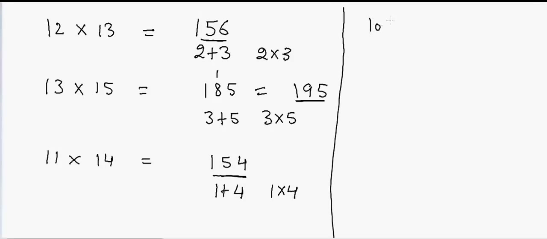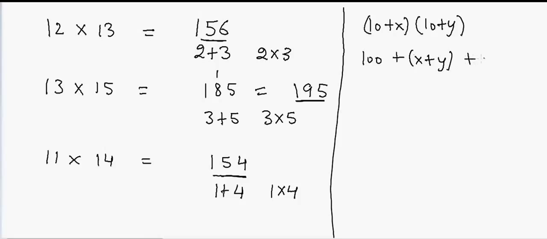If we have 10 plus x and then 10 plus y, so we are taking 10 as a base, and these numbers are close to 10. In that case, if we solve this, it will be equal to 100 plus 10x plus 10y plus xy. So it will be 10 into 10 plus x plus y, plus xy.